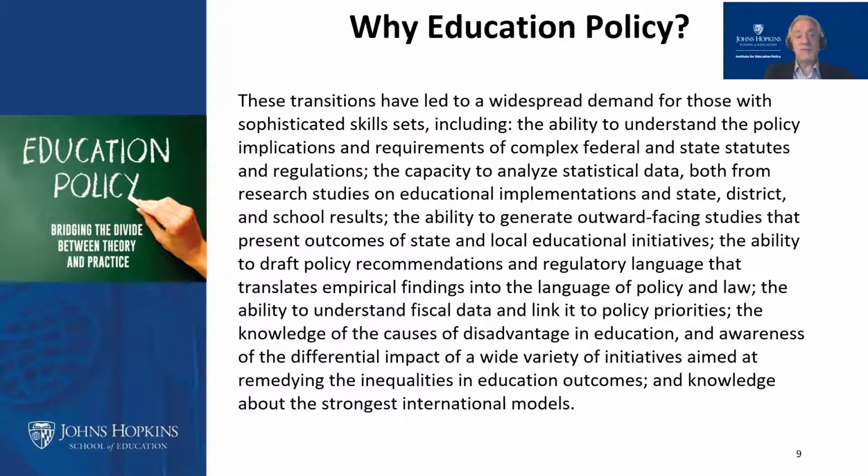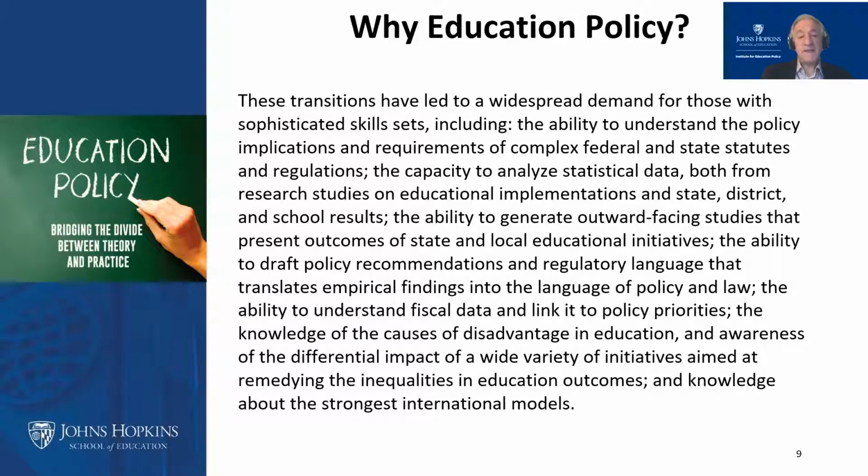Policy briefs have to be short, to the point, and sophisticated, not an easy combination. This isn't a 20, 30-page academic paper. This is a skill all of itself. Folks who know how to link fiscal and policy priorities. There are so many skills and they are in very high demand.